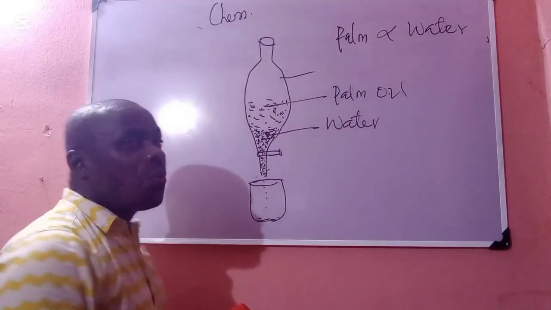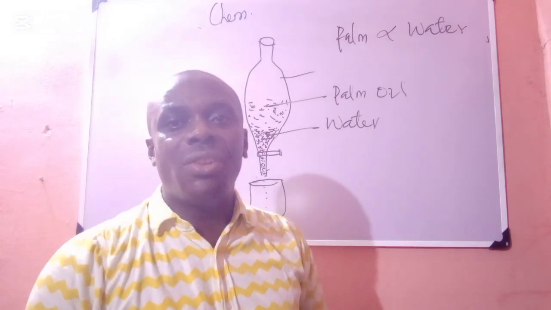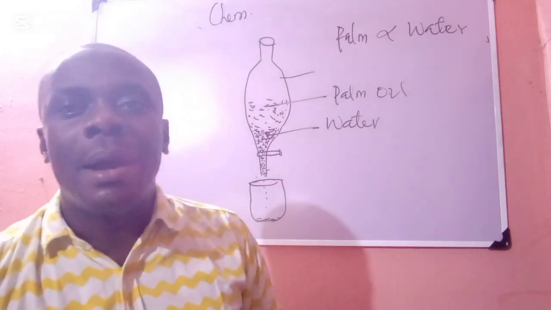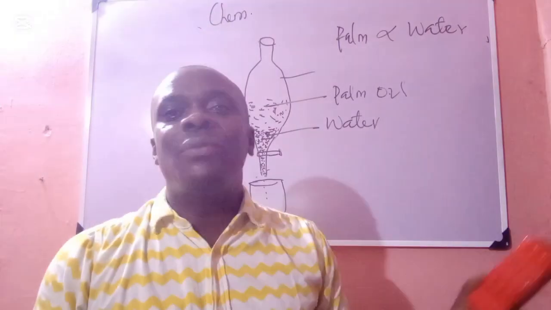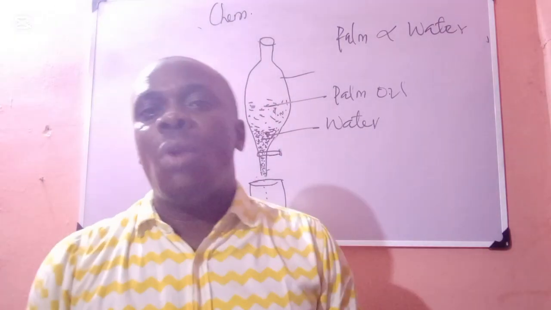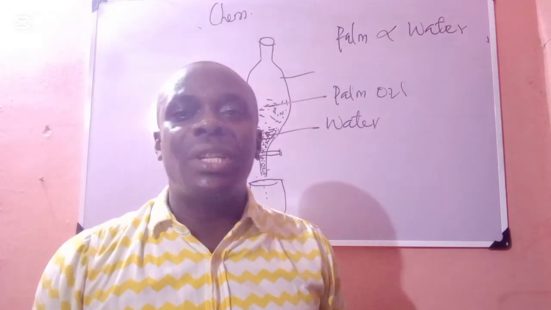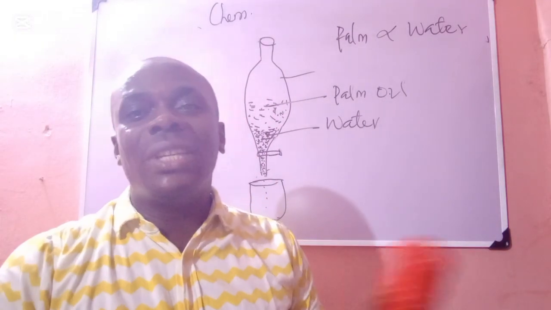When we have an issue like this, maybe in the industries, in our work, in the classroom or at home, and you don't have your separating funnel at home, what you do is allow them to settle for some time. Then you start removing the one from the other based on their density.